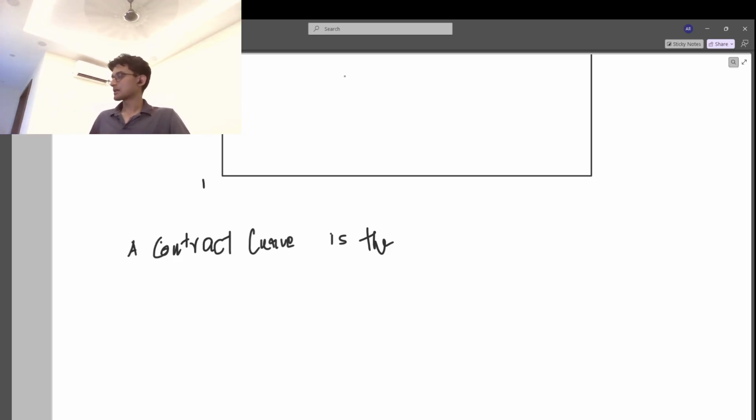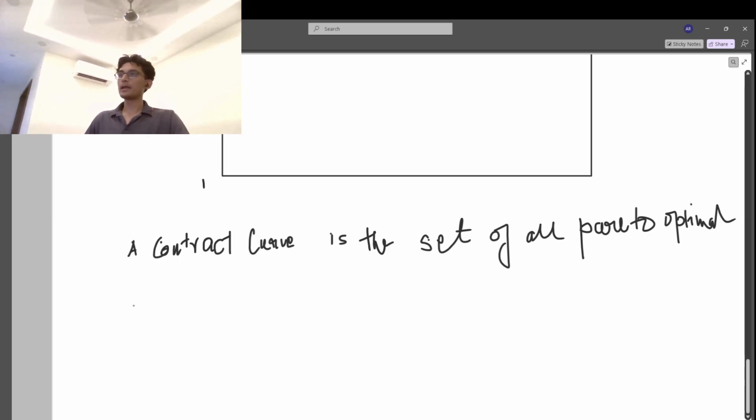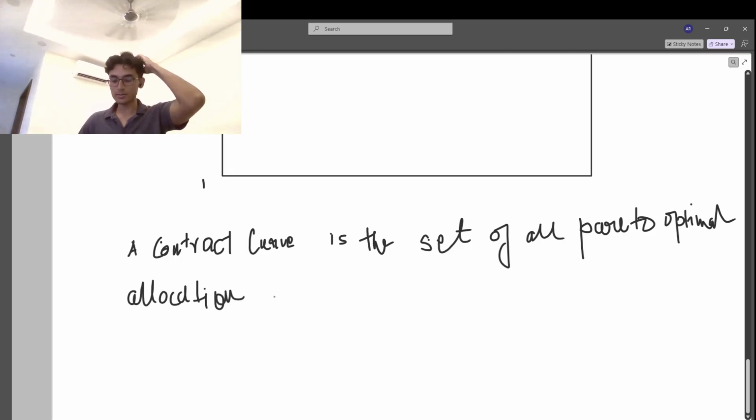Yeah, we can say this as well. It's a set of all Pareto optimal allocations. So a contract curve is a set of all Pareto optimal allocations.